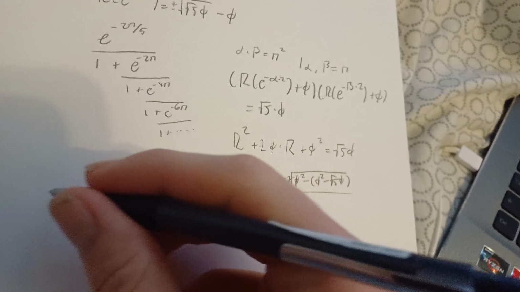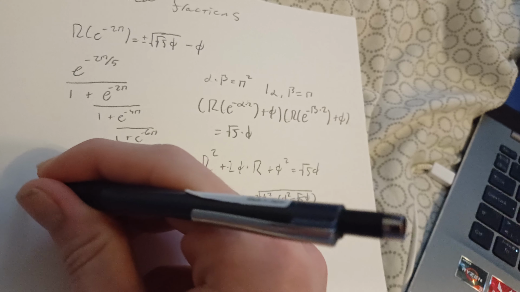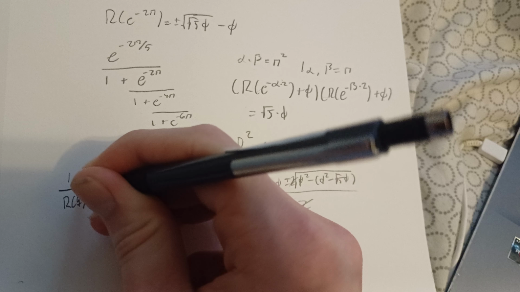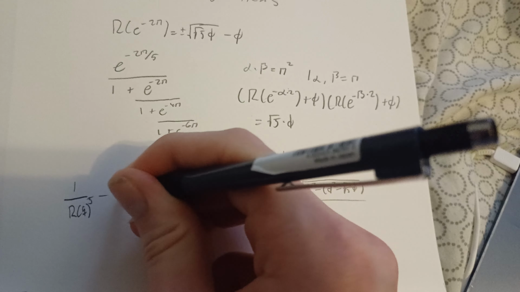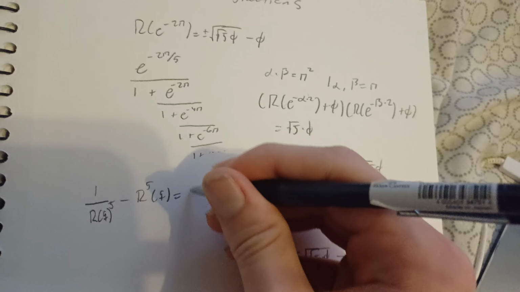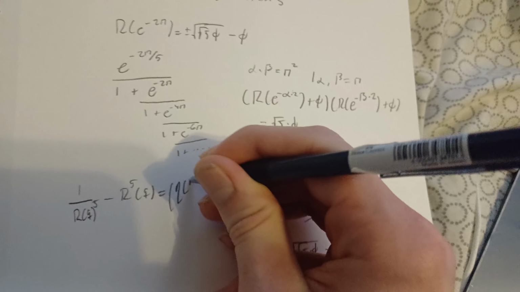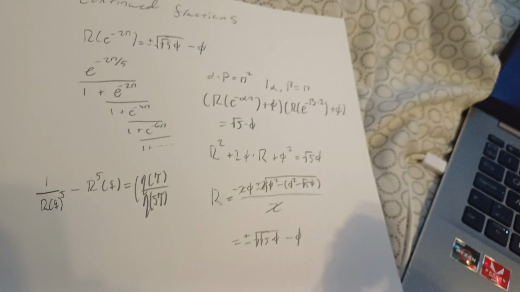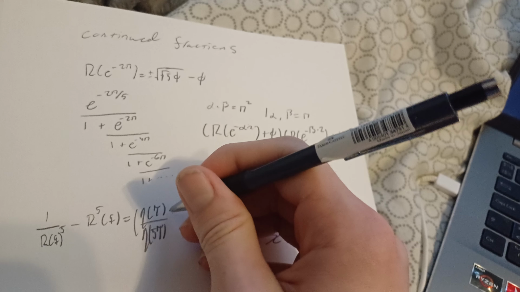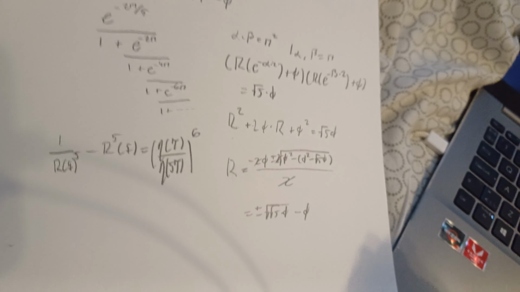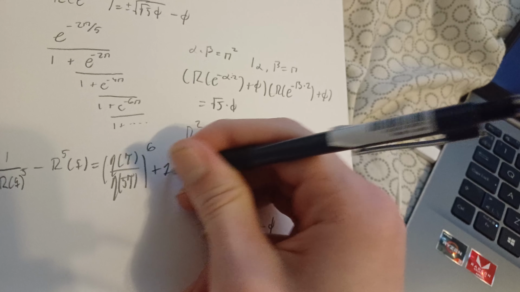Now you can use this equation as well, which is 1 over the continued fraction to the fifth minus the continued fraction to the fifth of q equals the eta function over the eta function to the power of 5, and this to the 6 and plus 11.